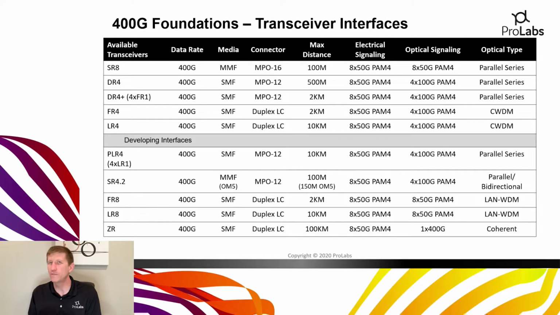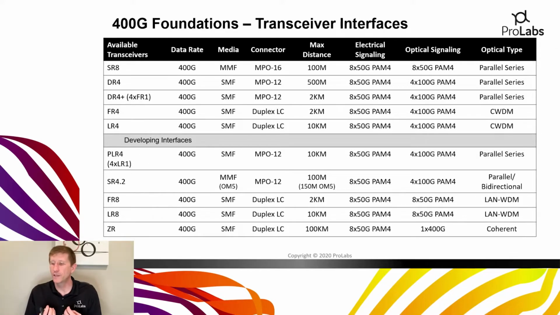We're moving to the single mode side. We have a couple of MPO type connectors or parallel type modules, transceivers, the DR4 and the DR4 Plus. These transceivers use the MPO12 connector, much like we've been accustomed to for breakout connections over the years, but for the 500 meter and 2 kilometer reaches.